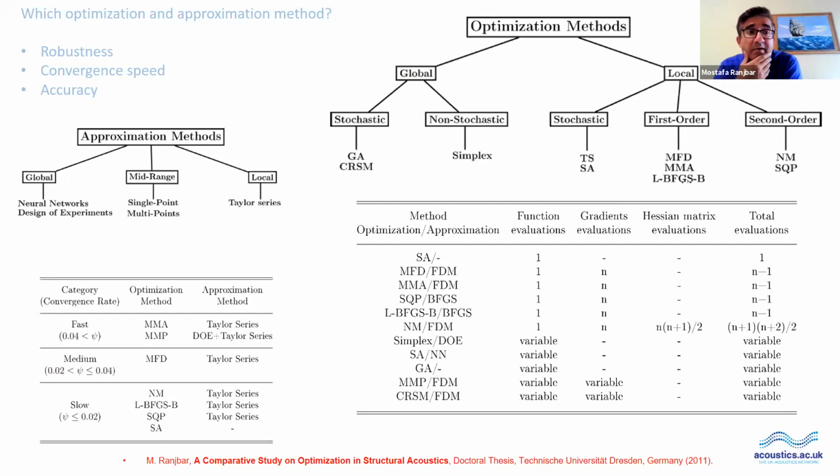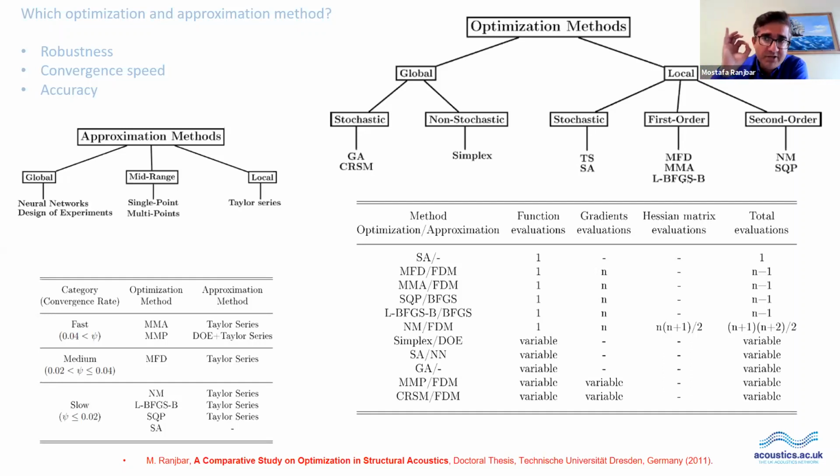We also considered different approximation techniques, like a global method using neural network, design of experiment, and some mid-range methods, like single point, multi-point, and local approximation. We had the impression that some methods work very well regarding optimization time, like the method of moving asymptotes, which is a very powerful technique providing a convex approximation of the objective function at each iteration.